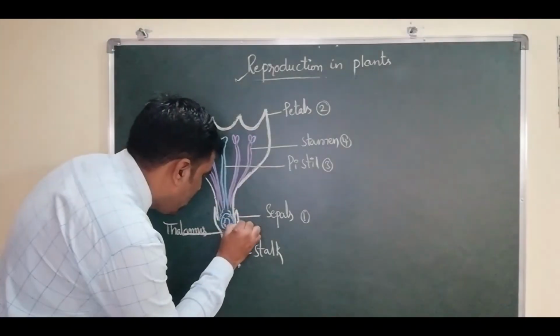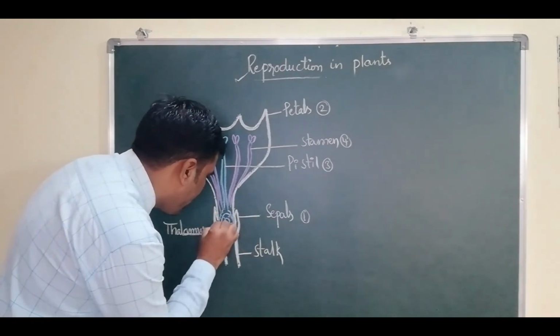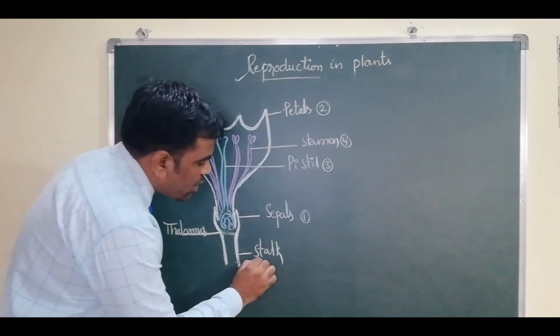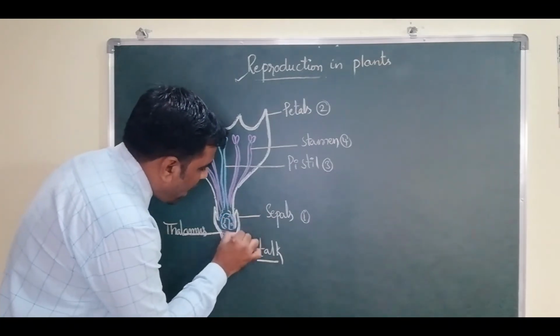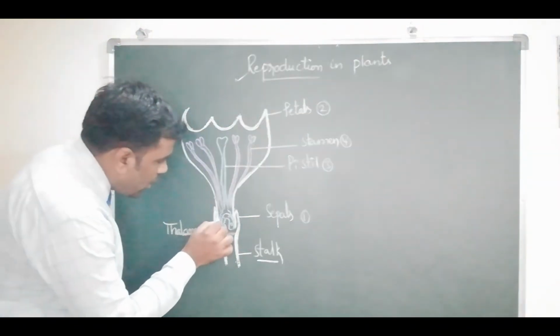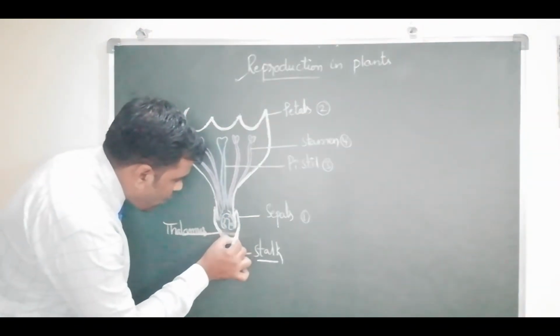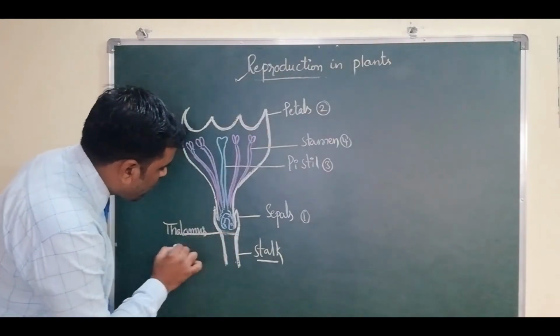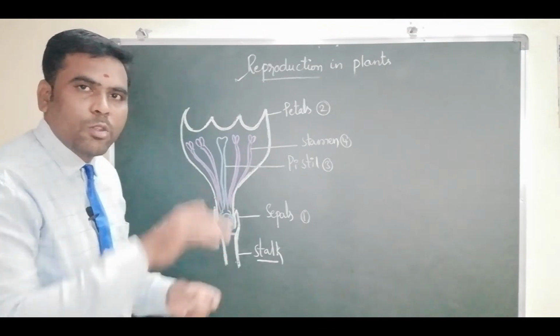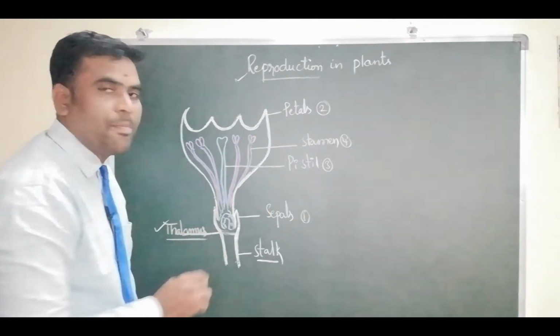Next, it has a stalk. The stalk is green in color. The flower is attached to the stem with the help of the stalk. Below the ovary, the swollen region is the thalamus. All the parts of the flower usually sit on the thalamus.